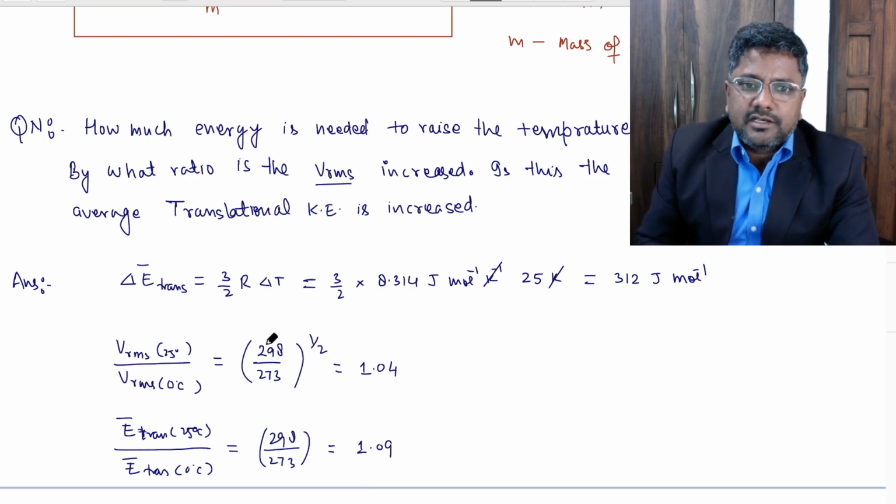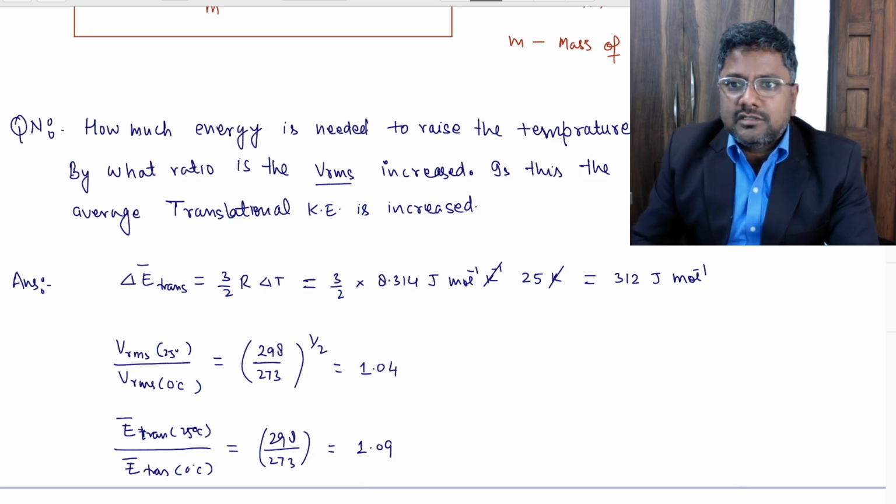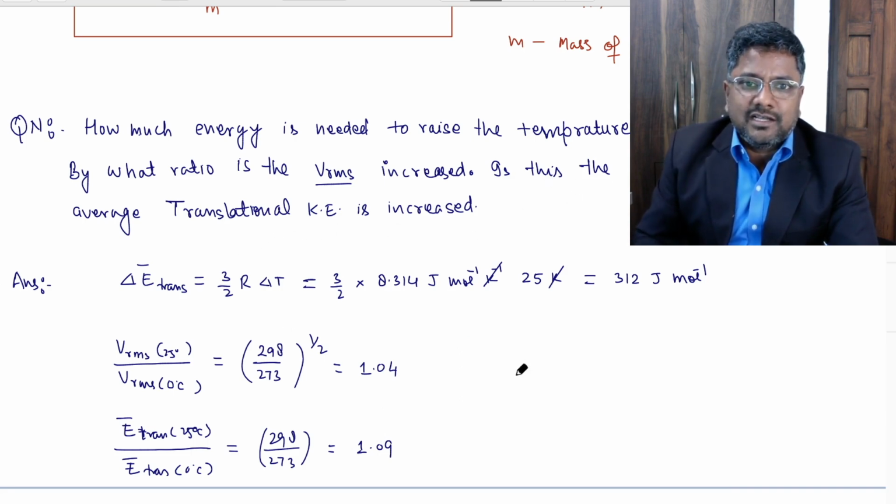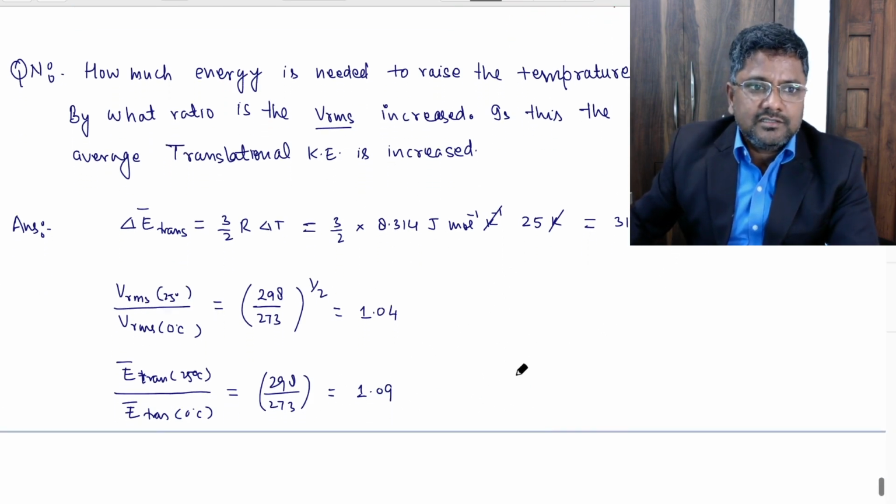See, here there is a square root and here a direct relation. So this is the factor by which energy increases, and this is the factor by which RMS speed increases. Is this the same ratio by which the average translational kinetic energy is increased? The answer is no, right?